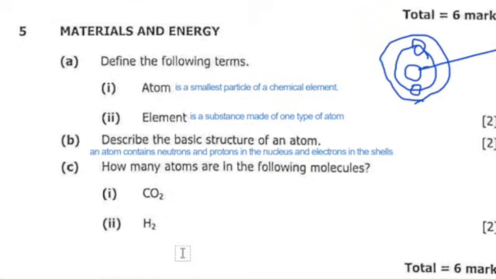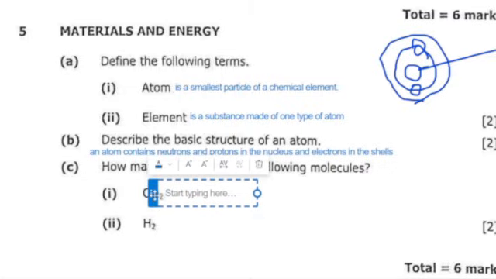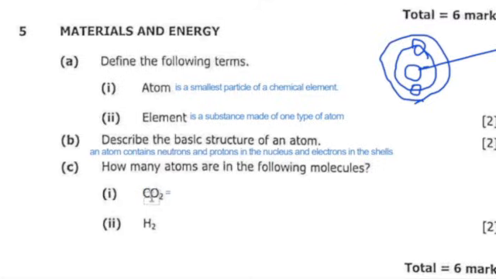We can go to question number C. How many atoms are in the following molecules? We are asked how many atoms are in carbon dioxide. What is this formula saying?